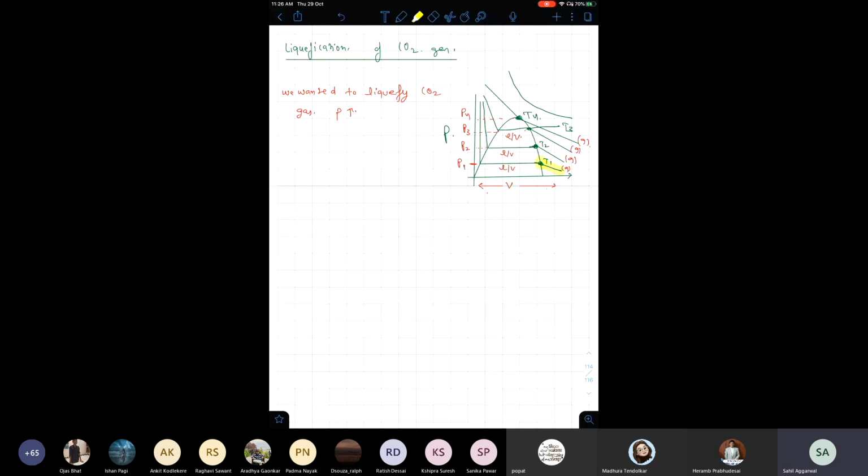At this point, at T1 and pressure P1, we have critical conditions.